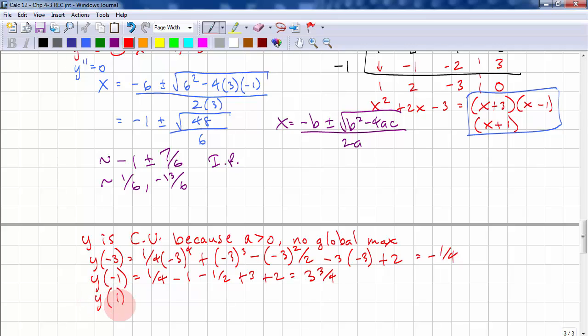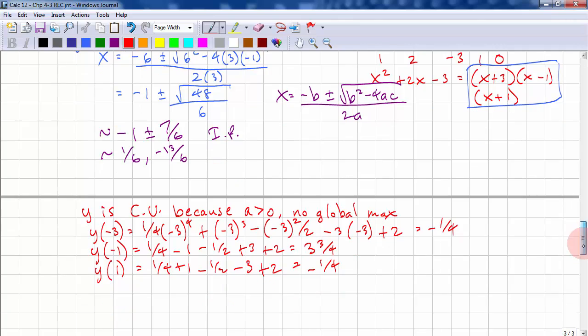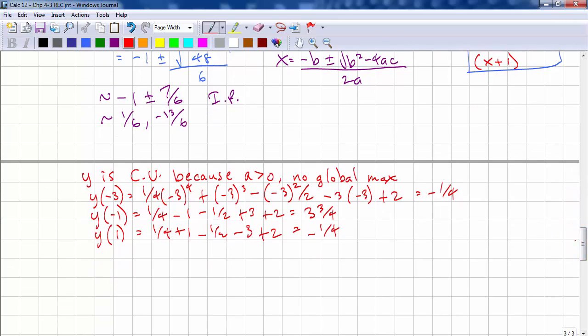Y of 1 equals 1/4 plus 1 minus 1/2 minus 3 plus 2, and that gives us negative 1/4. We can also plug in one more point. Actually, we should plug in one more point. We do y at 0 to calculate the y-intercept, and that's just 2.